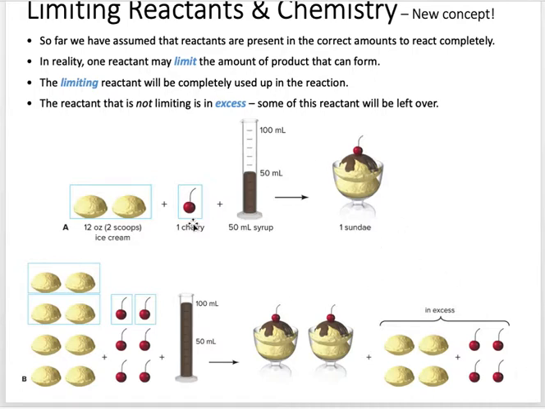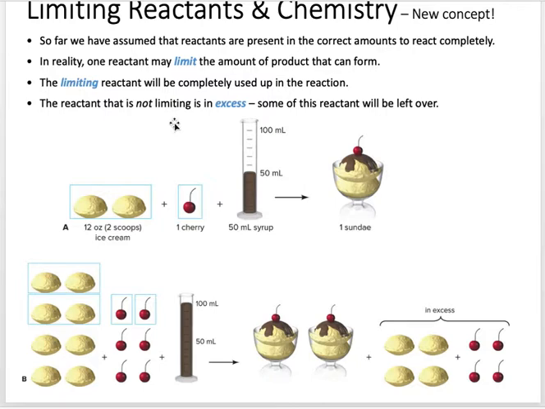So up until now in your chemistry classes, we've assumed that reactants are present in the correct amounts that we need to react completely, everything's beautiful, all that kind of stuff. In reality, it's a little more complex than that. Oftentimes in a chemical reaction, there's one reactant that is in excess, or one or more reactants that are in excess, and only one of them is going to be the one that limits the amount of product that can be formed.